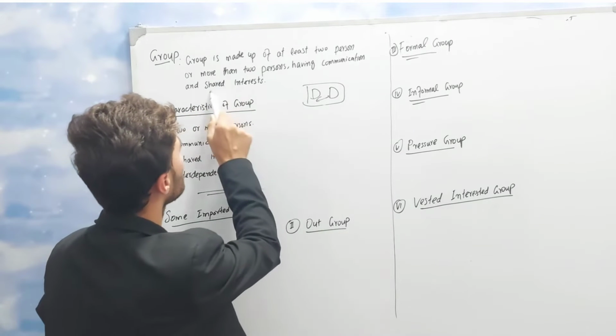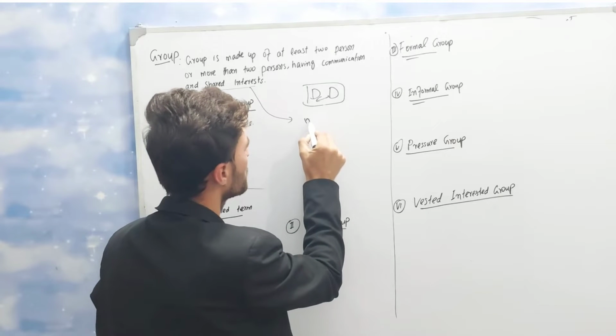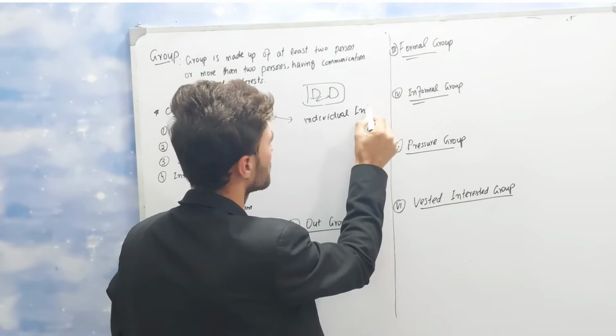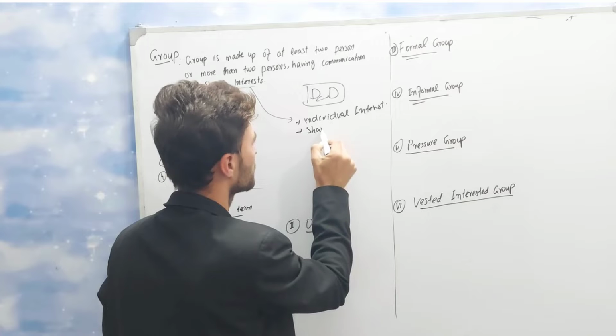Now what does shared interest mean? There are two kinds of interest. One is individual interest, and the other is shared interest.